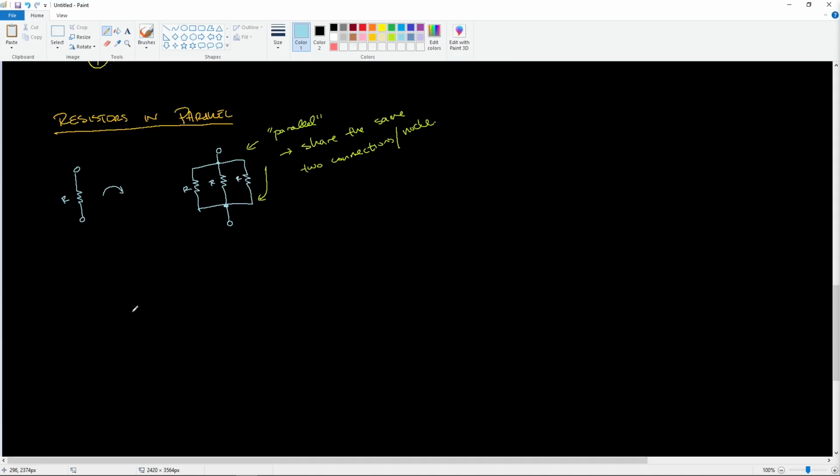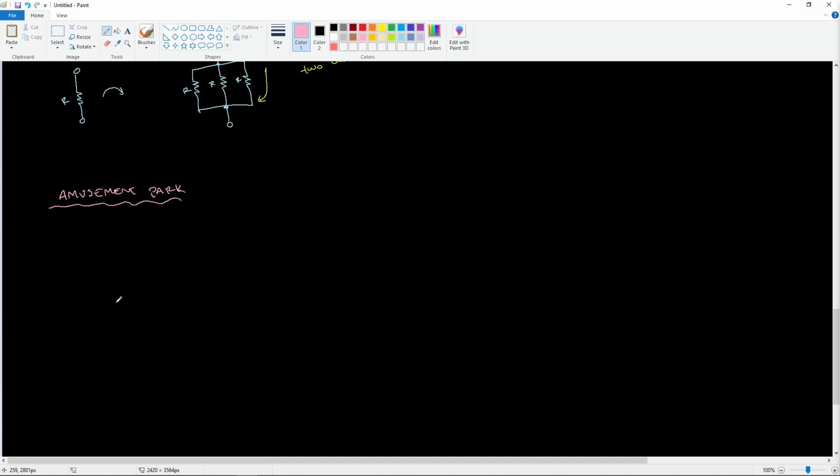So if we're looking here and we want to think about how an electron is looking at it, instead of moving through one resistor, it has multiple choices to make. Let's think about if you were going to an amusement park. Here we are at the amusement park, and you're going to walk inside, you have your ticket, but there's only one entrance.